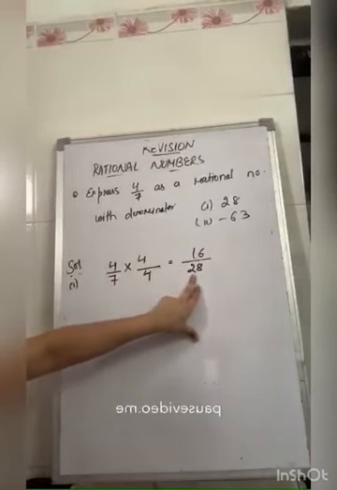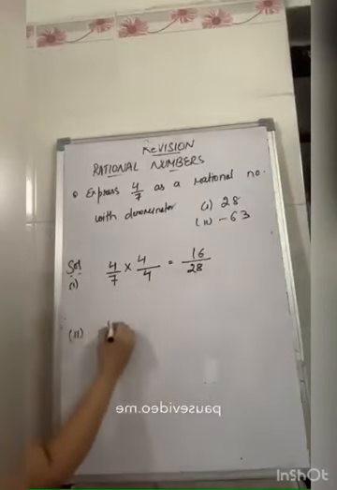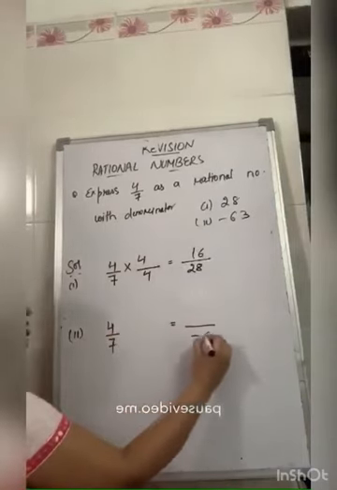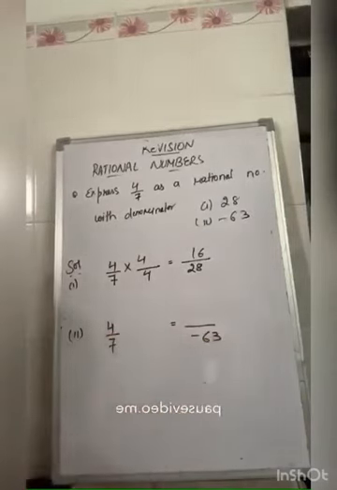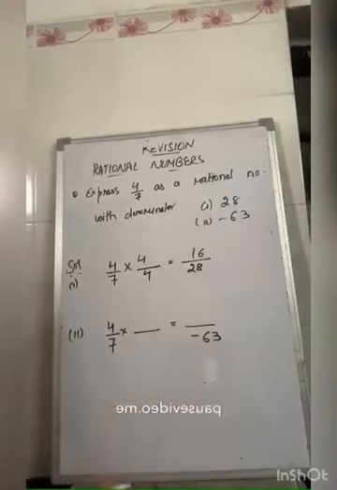Second part, 4 by 7. Now we want minus 63 in the denominator. Again, we know 7 9s are 63. But we want a negative sign in the denominator.